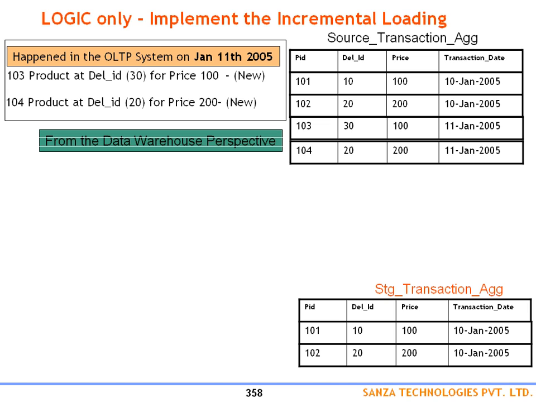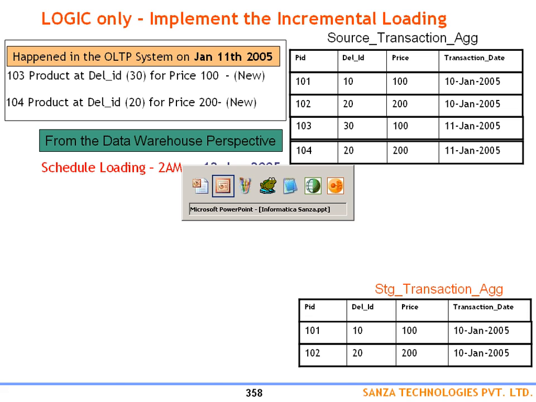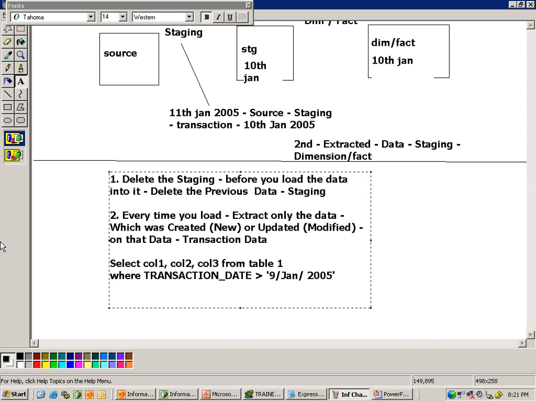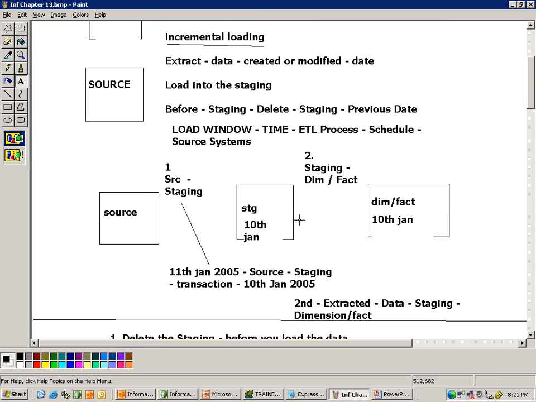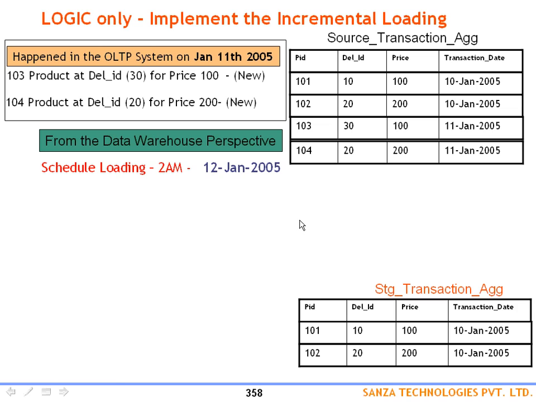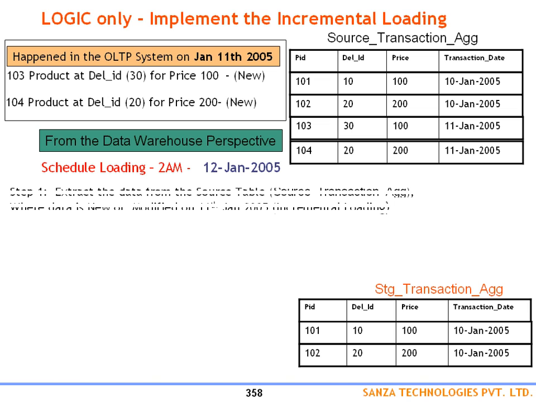Now from the data warehouse perspective, with the scheduled load window at 2 a.m. on 12th January 2005, early morning, as per the schedule, the program executes. It needs to extract the data from the source transaction table for the transactions which were created or data which is new or modified on 11th January 2005.